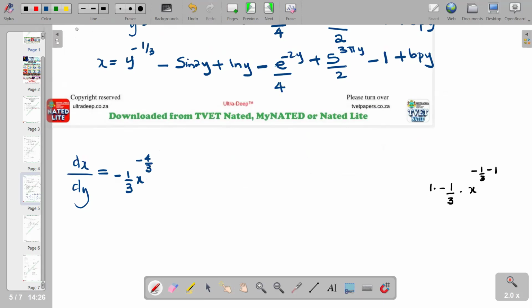Then to simplify the second one here, we can apply the chain rule. How are we going to apply it? We can concentrate on only the sine term, avoiding p. Let me use another letter.